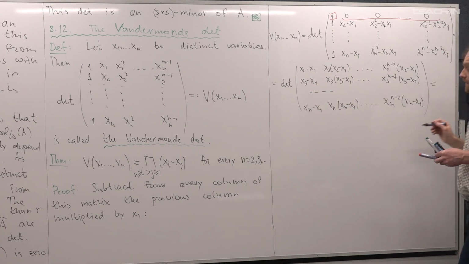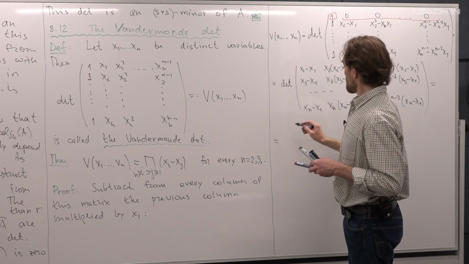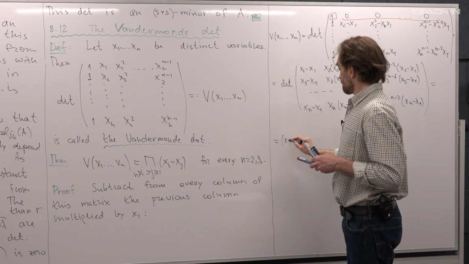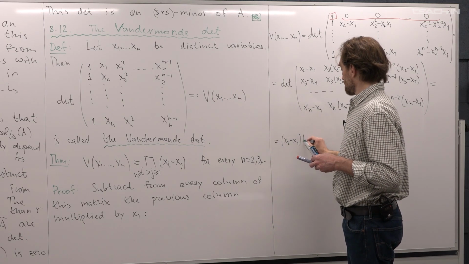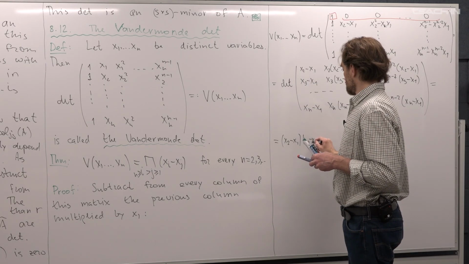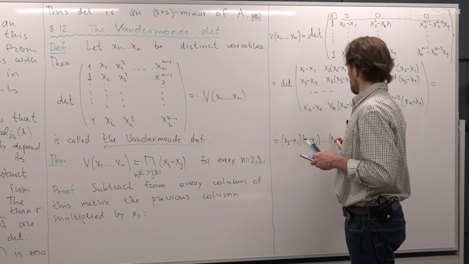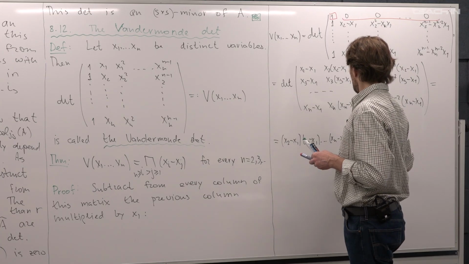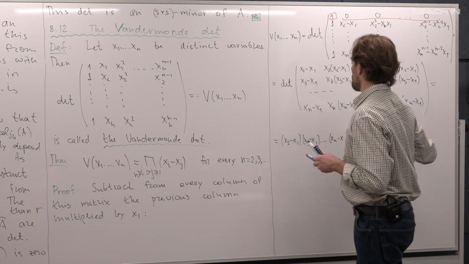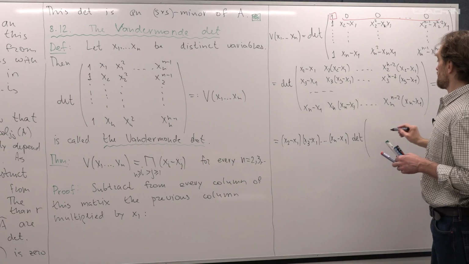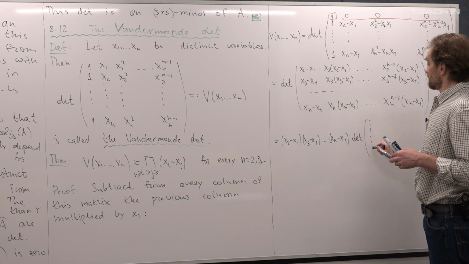So we can simplify this determinant by writing that it is equal to the product x2 minus x1 by x3 minus x1, etc., xn minus x1 by the determinant of the matrix of the form 1, etc., 1.